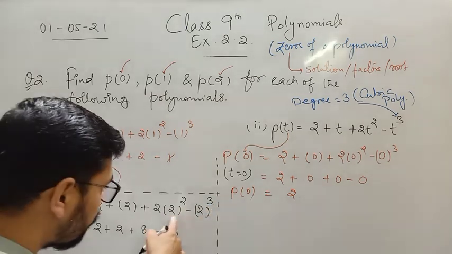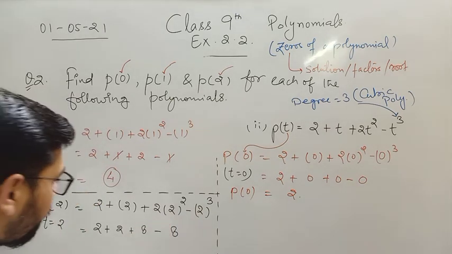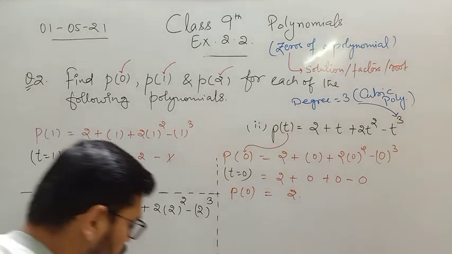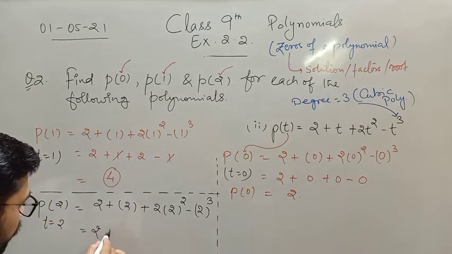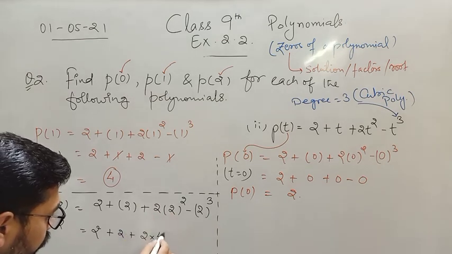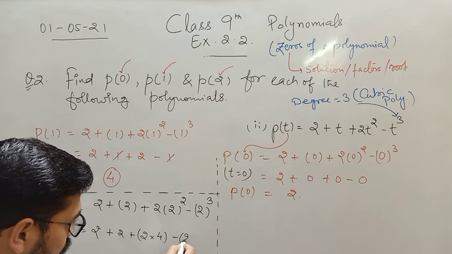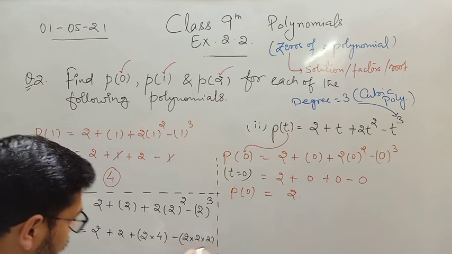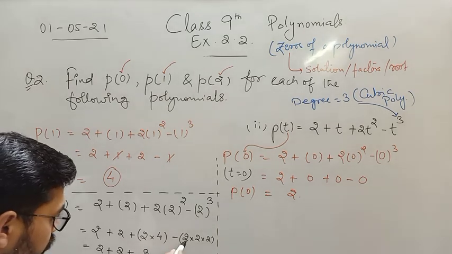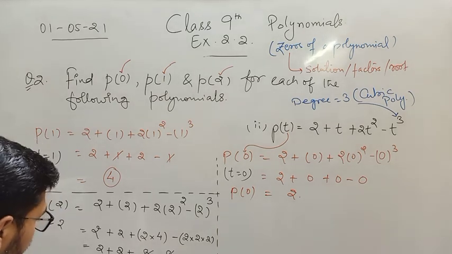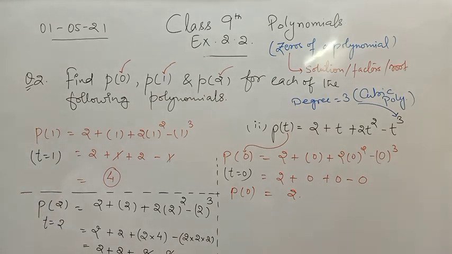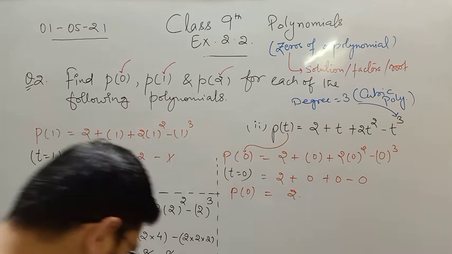I hope there is no doubt in this, how I solved this. If you have doubt, I'll explain briefly. 2 plus 2 plus this 2 as it is, 2 2s are 4, and 2 cube can be written like this: 4 2s are 8 minus 2 2s are 4, 4 2s are 8. So the answer is 4, and this is the last question for the day.